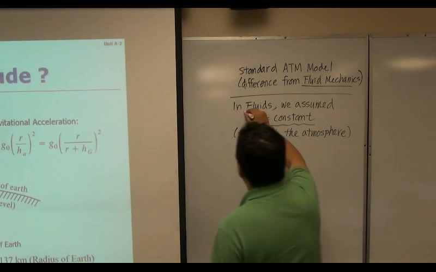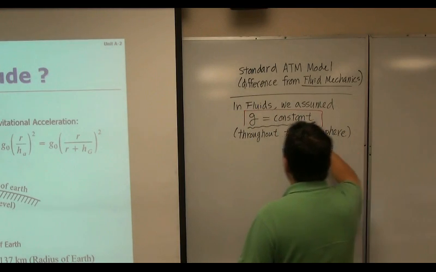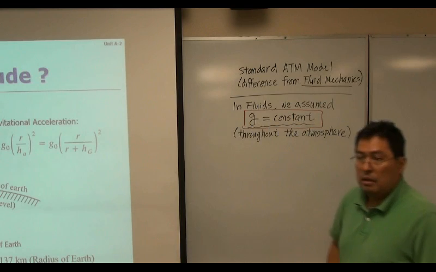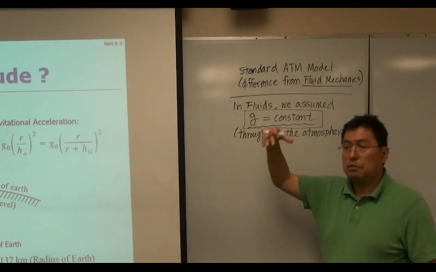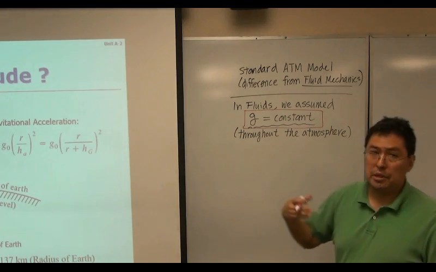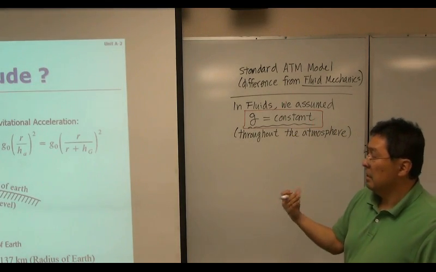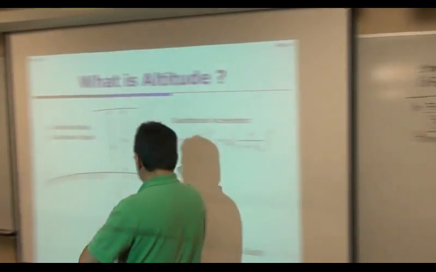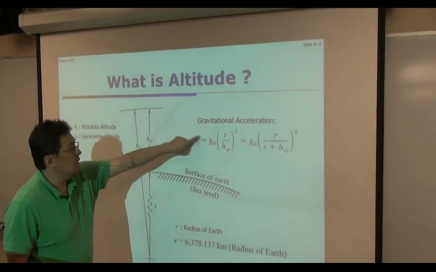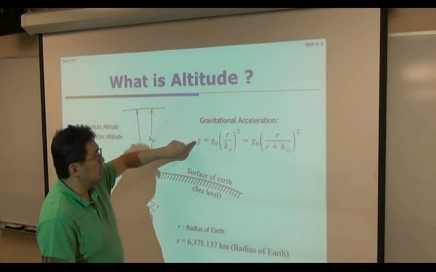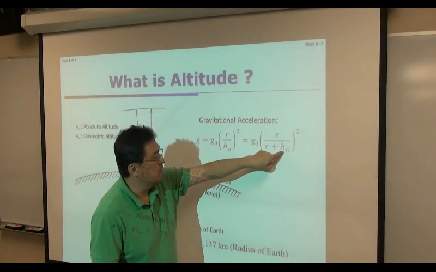However, gravity is not really constant. Of course, gravity keeps changing. As you increase your altitude, obviously the gravity keeps decreasing. So let's go back here once again. Right here, this is the gravity as a function of altitude.